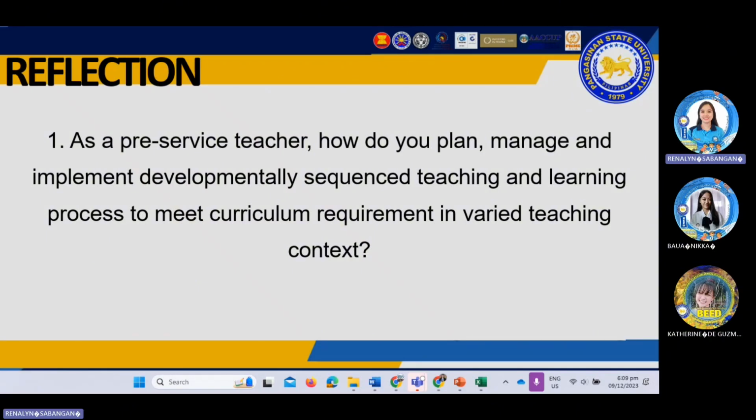Apart from that, the content of the lesson must be connected or aligned to the curriculum guide for the teacher to avoid confusion during the discussion. And utilizing instructional materials that are pertinent to the content is also significant since it is considered as the tangible curriculum. Therefore, it is a must to wisely use an appropriate material to effectively deliver the lessons to the learners.